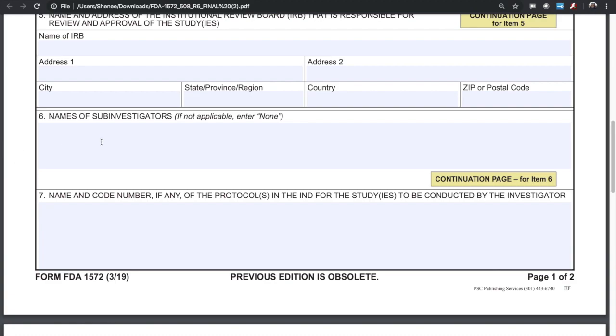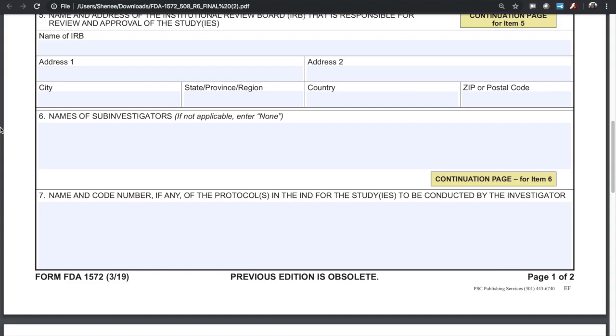Okay, names of sub-investigators. Sub-investigators are the backup investigators for the principal investigator. The principal investigator may be sick, out of the office, or unavailable for the visit. So in order for the study to still continue and not 100% rely on the principal investigator at times, sub-investigators basically have the same duties and obligations as the principal investigator, but they are backup.